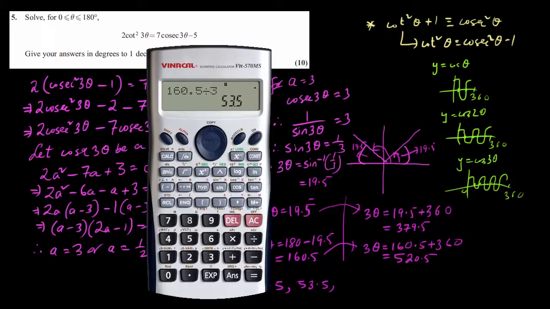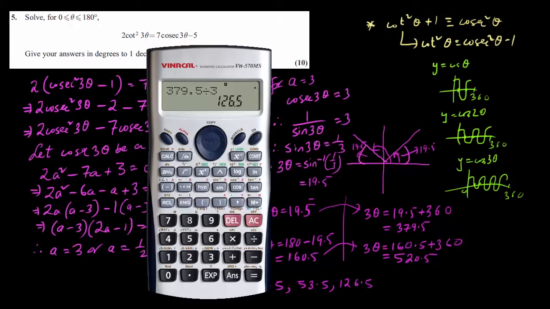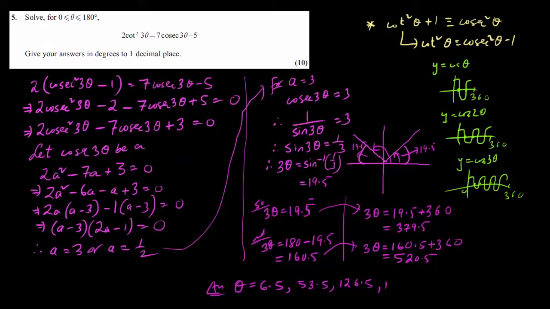And the next one is 379.5 divided by 3, that is 126.5 degrees. And 520.5 divided by 3 is 173.5 degrees. So it indeed is within the range. That is to 1 decimal place.